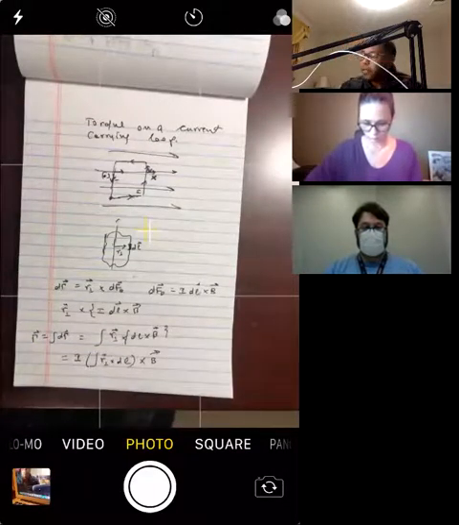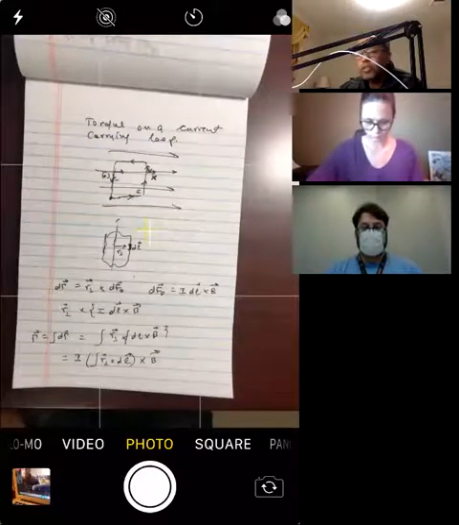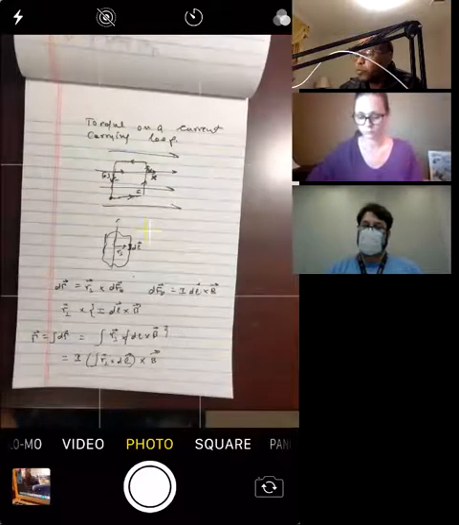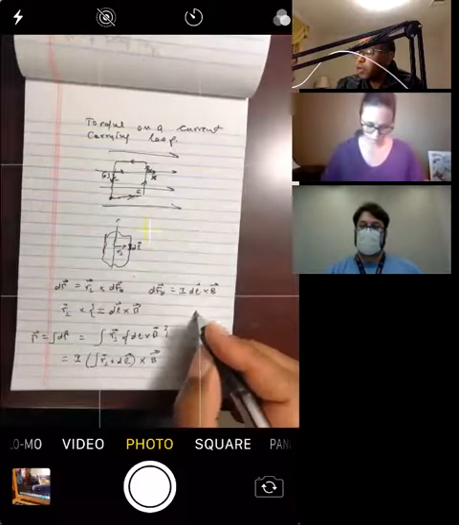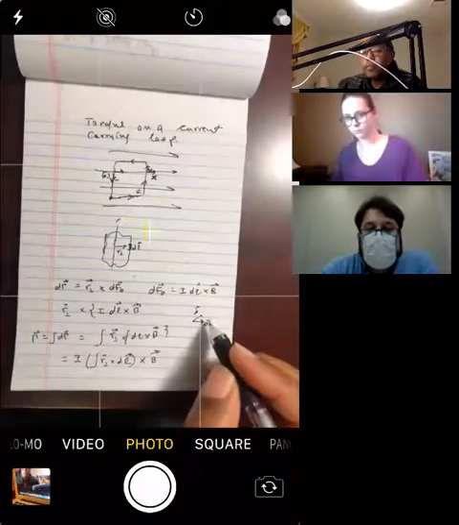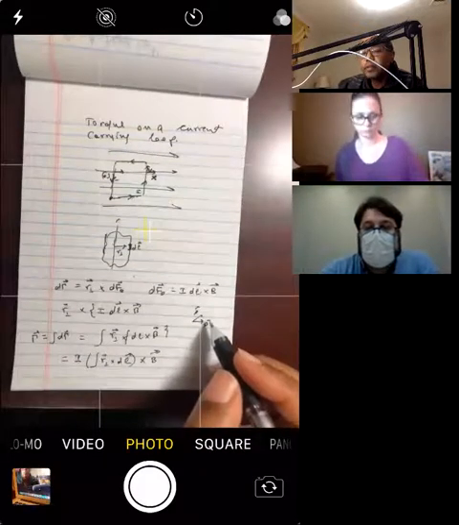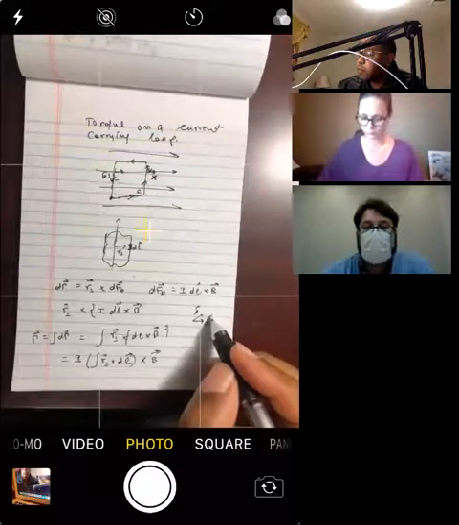Now, what does this represent? What does the cross product between two vectors represent? Do you remember? If you've got A over here and B over here, geometrically, what does A cross B represent? It is the definition of area. This is the area of this parallelogram.